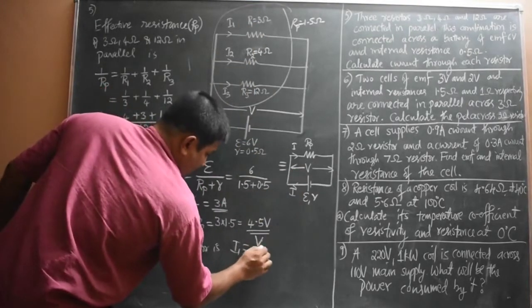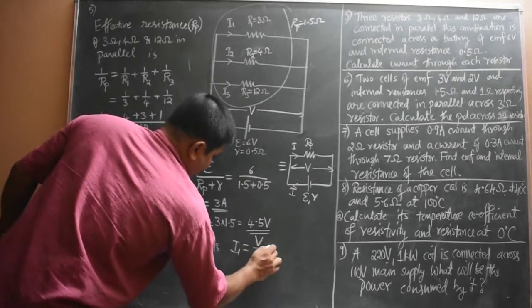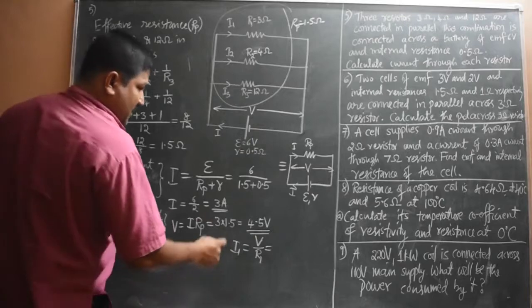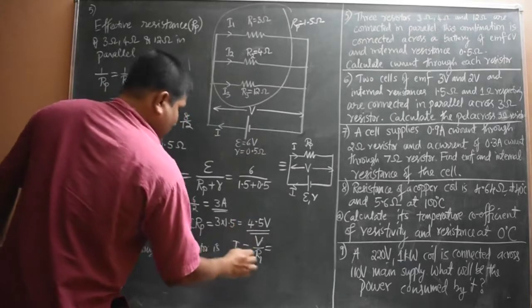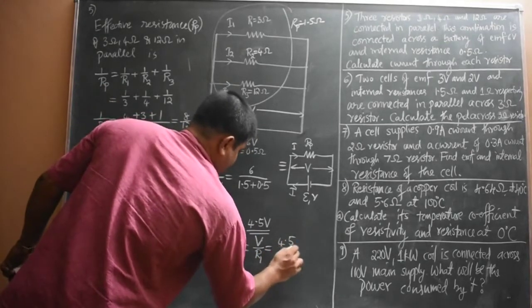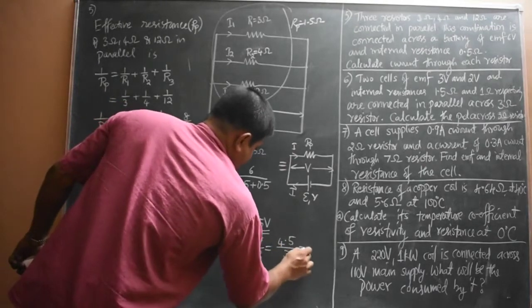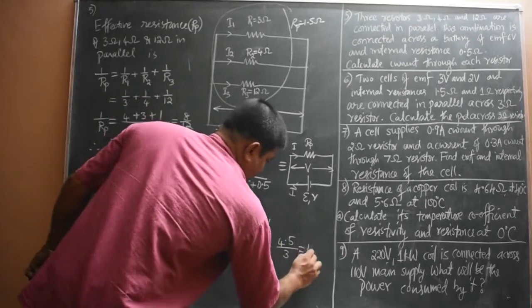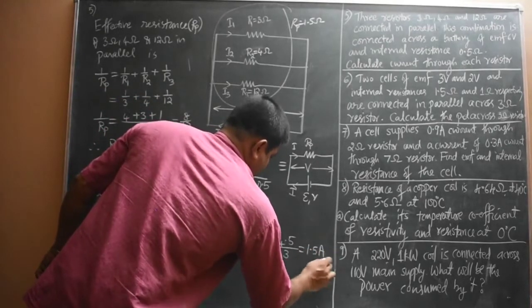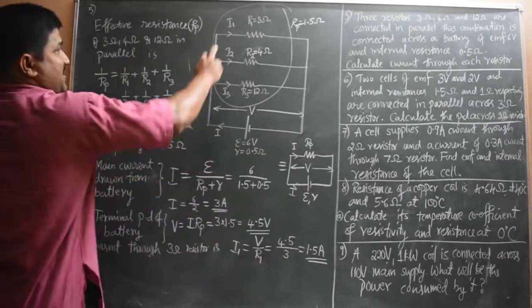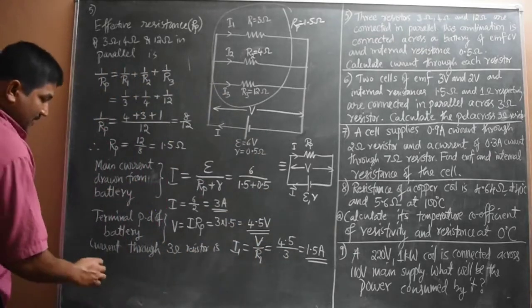V is the terminal PD, 4.5, divided by R1, which is 3. So 4.5 by 3 is 1.5 ampere. The current through the first resistor is 1.5 ampere.